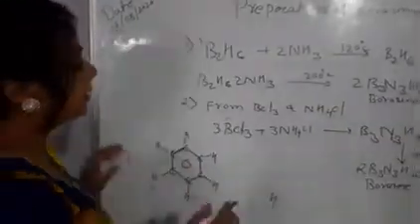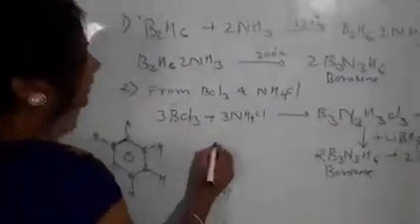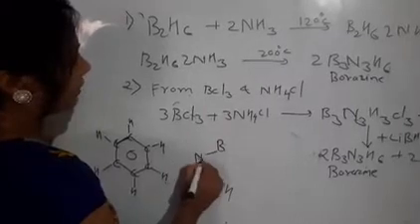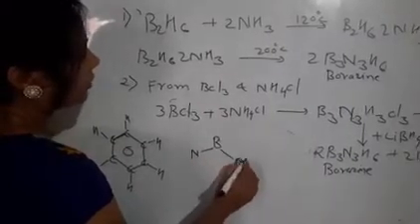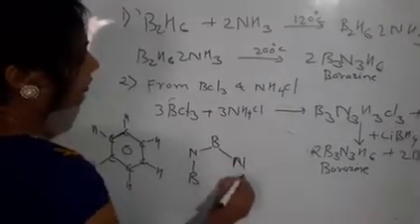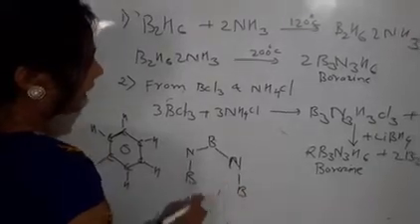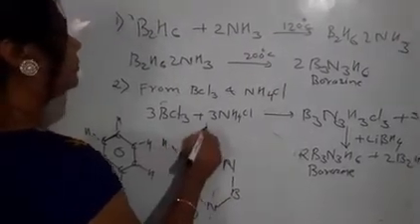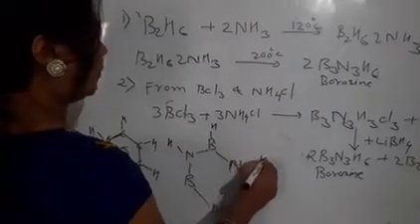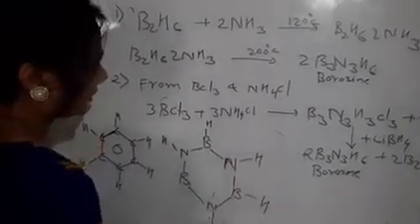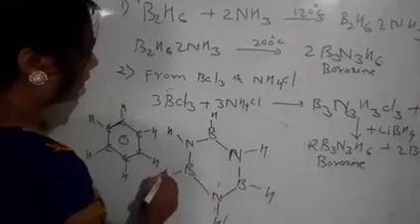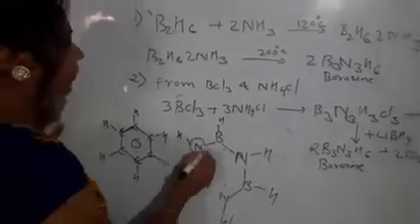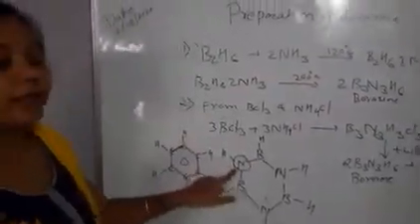But what happens in the case of inorganic benzene? There is boron, nitrogen, nitrogen, then boron, and then nitrogen. So in borazine there are two different atoms, one is boron and one is nitrogen, and we know that nitrogen is more electronegative than boron.